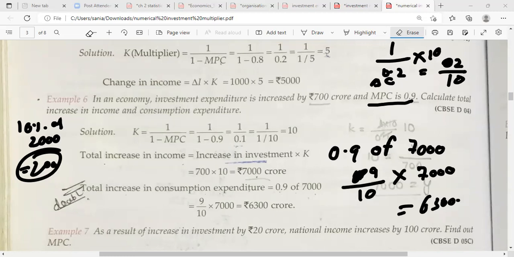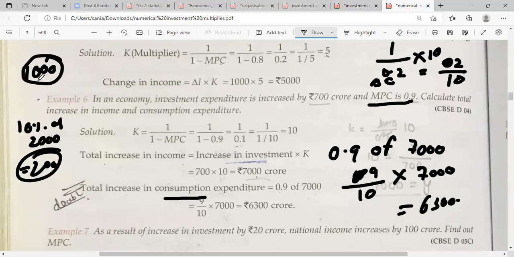So the formula of total increase in income and consumption expenditure: I got till 7,000. After that, you have to find the total increase in consumption expenditure. There is no formula for that, right? So what you have to do, for example, if your income is 1000 rupees, from this only you will consume, right?